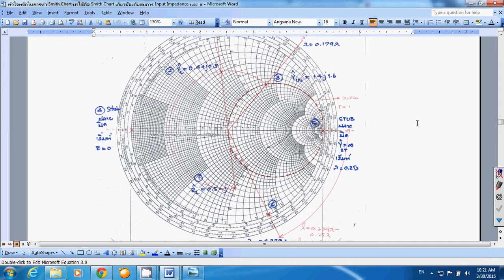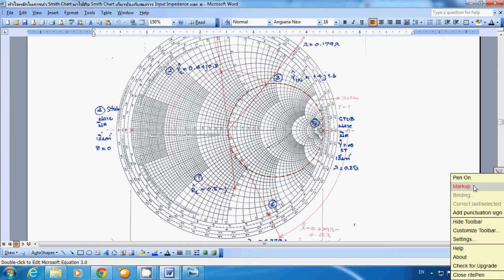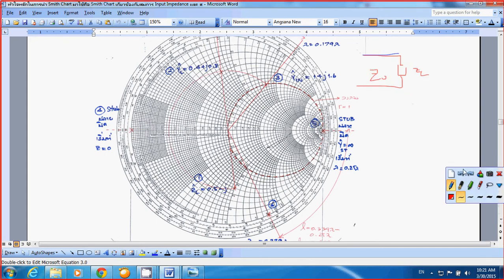Okay, where is your 0.5 minus j? This is your normalized load impedance.